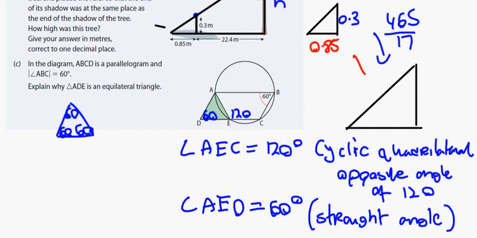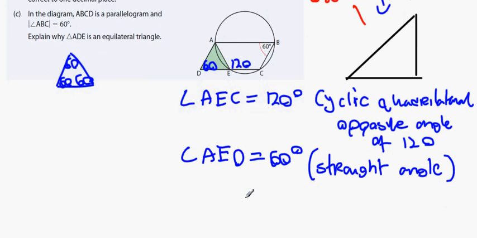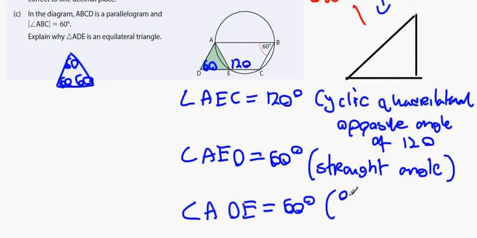Basically. And then we can conclude that angle ADC is equal to 60 degrees as opposite angles in a parallelogram.